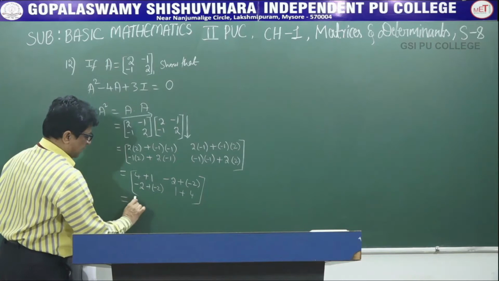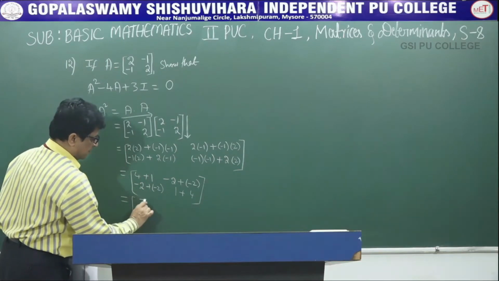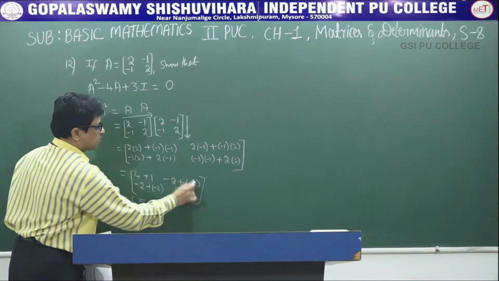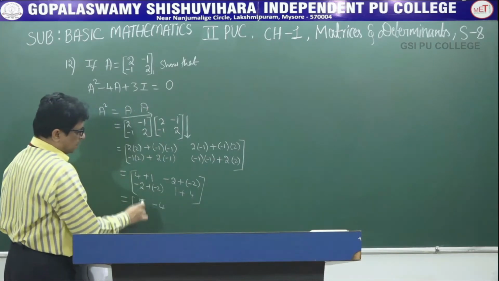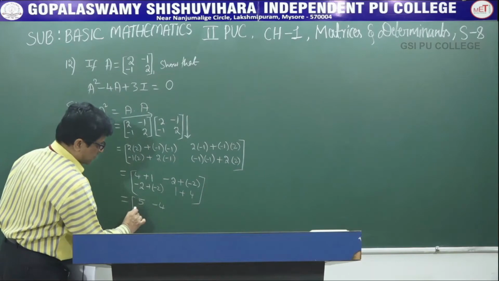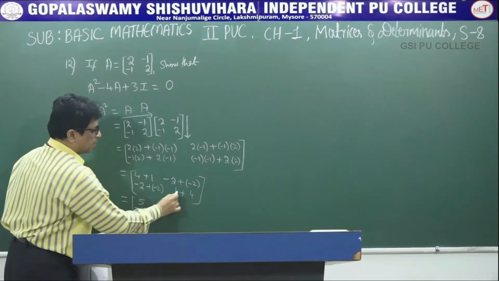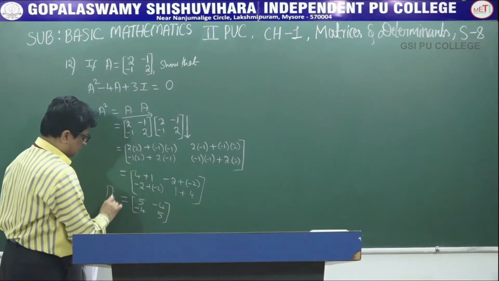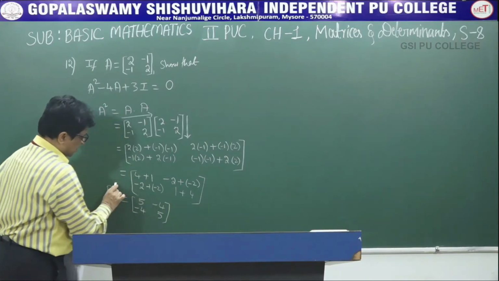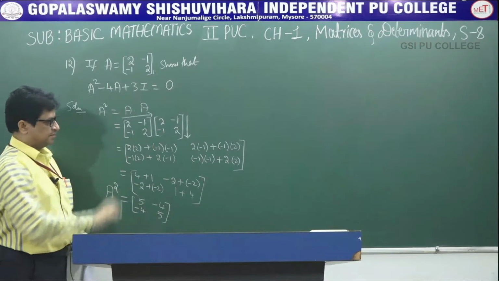So, that will be equal to 4 plus 1, 5; minus 2 plus minus 2, minus 4; minus 2 plus minus 2, minus 4; 1 plus 4, 5. So, this is nothing but A square.